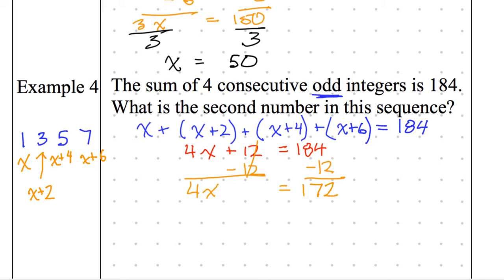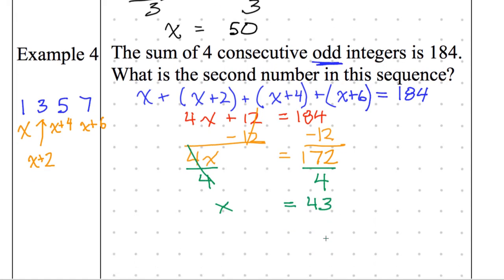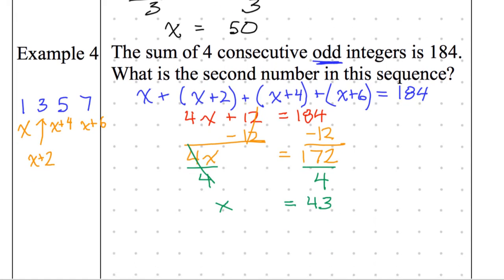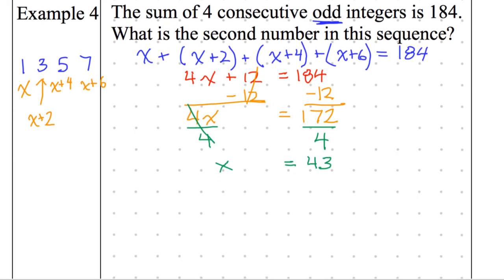All right. And then divide both sides by 4. Okay. X equals 43. 43. Okay. And then since it's the second number, you plug in 43 for x, and then it's 45. All right. And then box your answer. Box it.